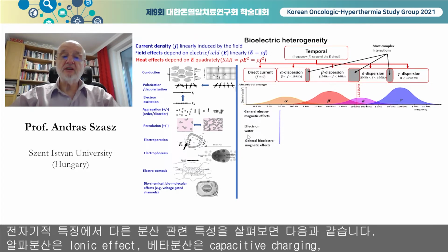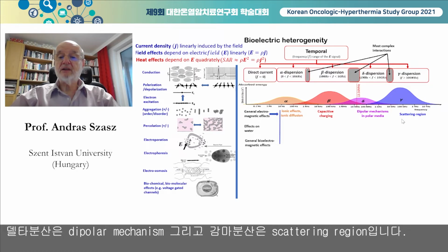If we see what the effects of different dispersion relations are, the electromagnetic effects are ionic effects in alpha, capacitive charging in beta, dipolar mechanism in delta, and scattering region in gamma.